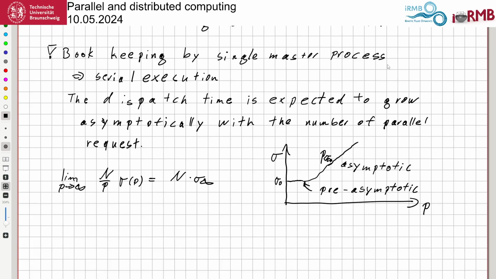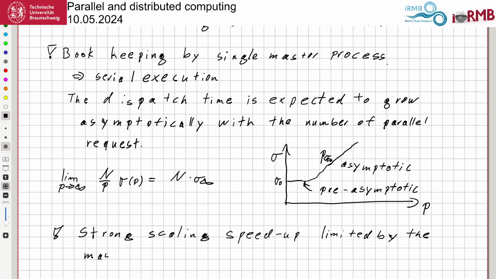So this means, in strong scaling, the strong scaling speedup. The strong scaling was if we have a given size of a system and we want to improve it by having more workers, is limited by the master process, because the master process has a serial execution.